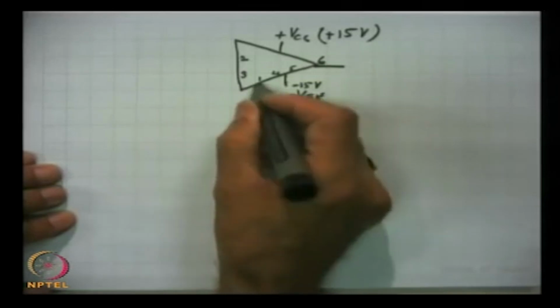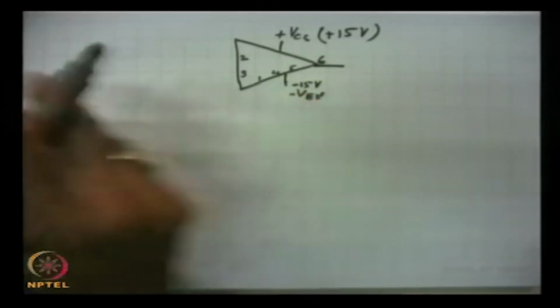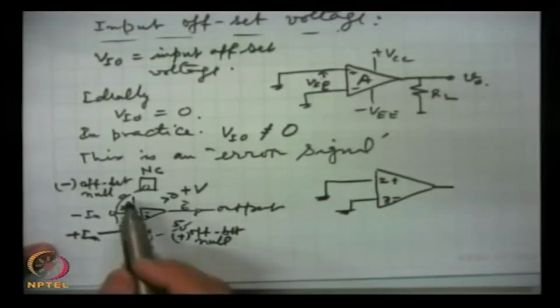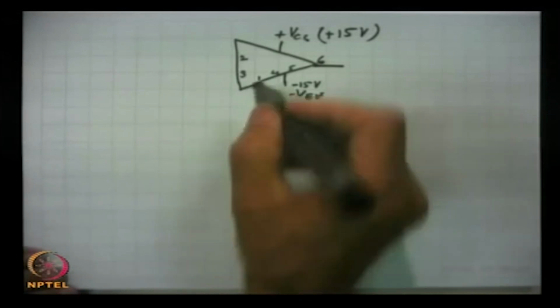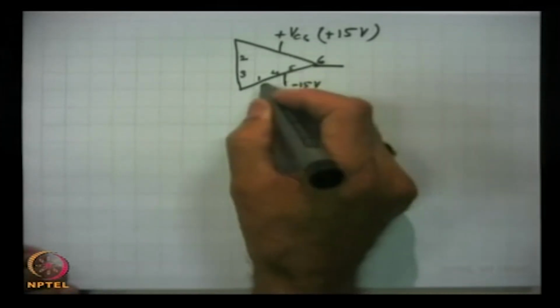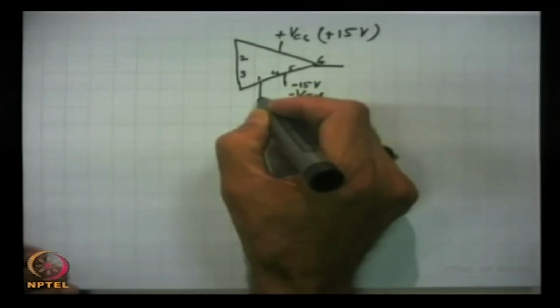And here between pin 1 and 5, which are meant for offset null connection, a potentiometer is connected.